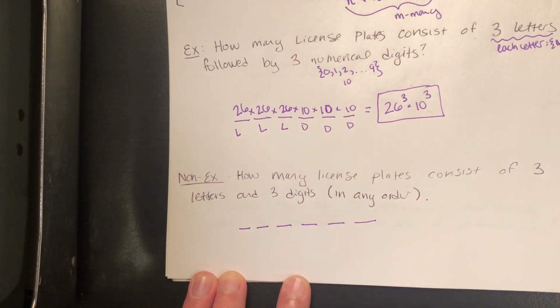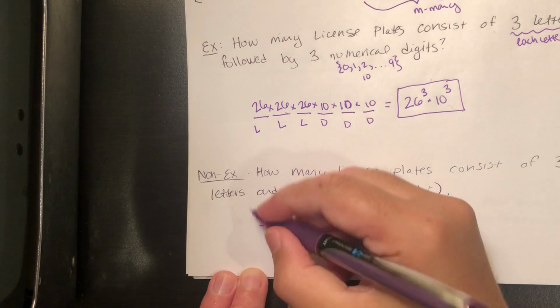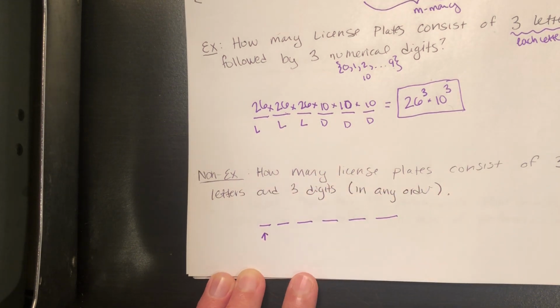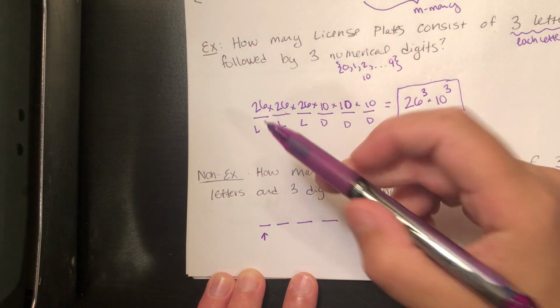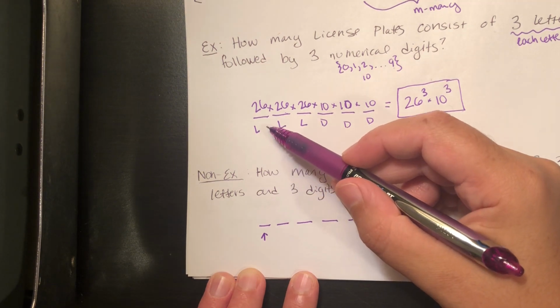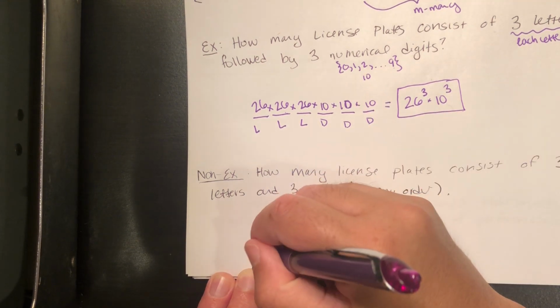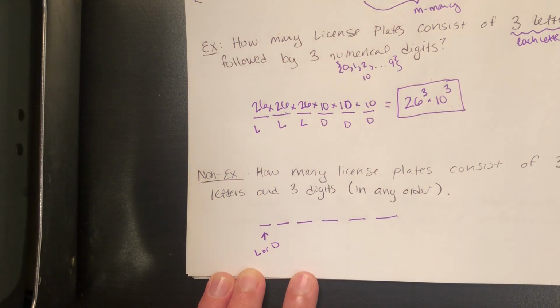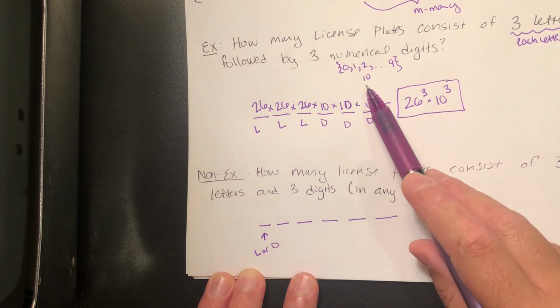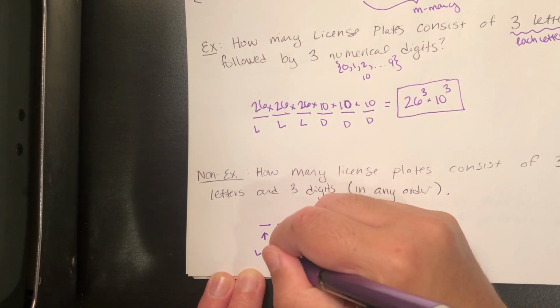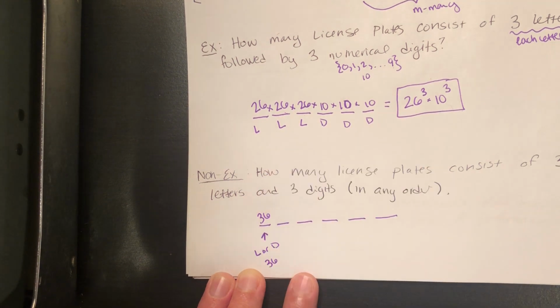If we try to use the multiplication principle, how many options do we have for this first spot here? In the last example, it was 26 because we had to start with a letter, but now we can have a letter or a digit here because we don't particularly care what order they come in as long as there's 3 of each. So there's a total of 26 plus 10, or 36 options here, right?